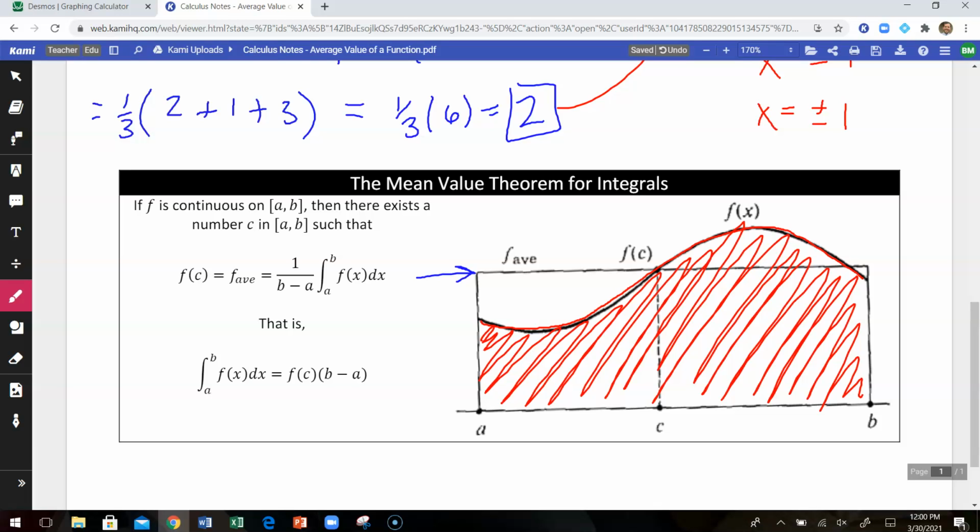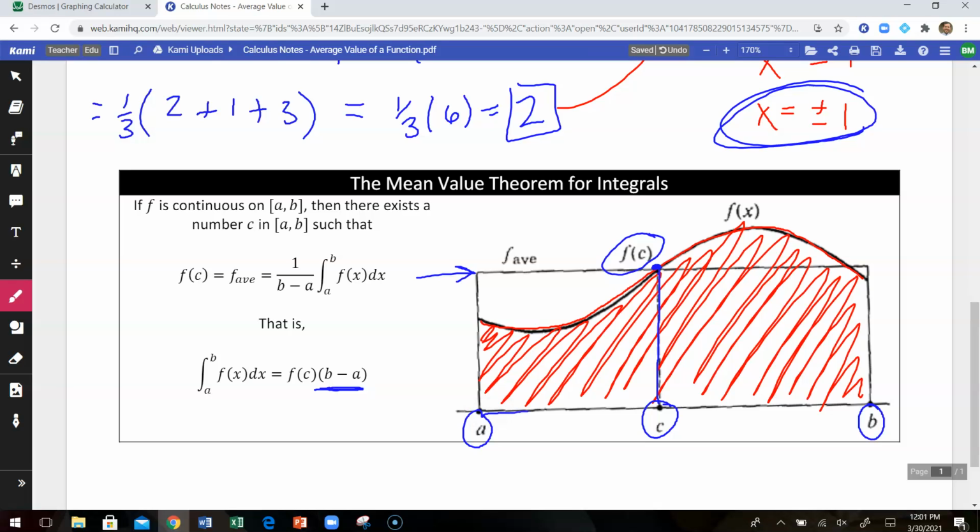Essentially what we're doing here is making a rectangle where the width of the rectangle is the width of my interval from a to b. That's this part right here. b minus a is simply the width of that interval. And then if I can find my c value, which is what we just did up here, finding the 1 and negative 1, where the average value happens, which would be f of c, that's going to be the height of my rectangle.